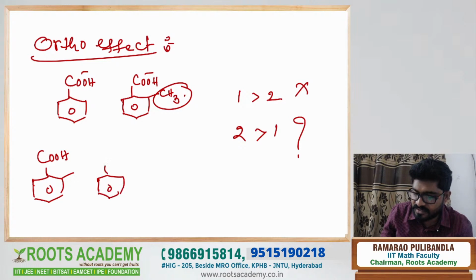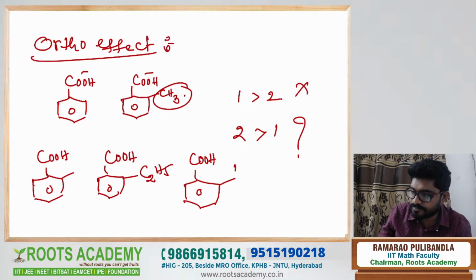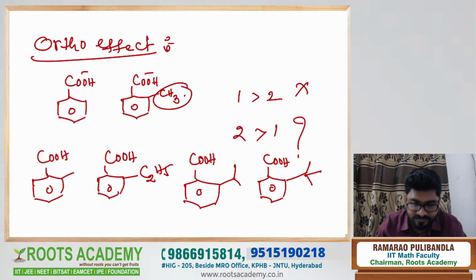Benzoic acid, I'm taking one ethyl here, C2H5. Benzoic acid, I'm taking isopropyl. Benzoic acid, I am taking tertiary butyl. At least now you decide which is more acidic.